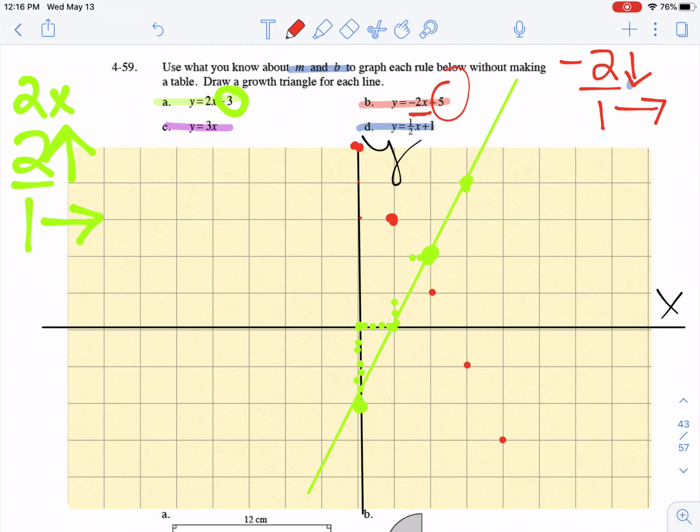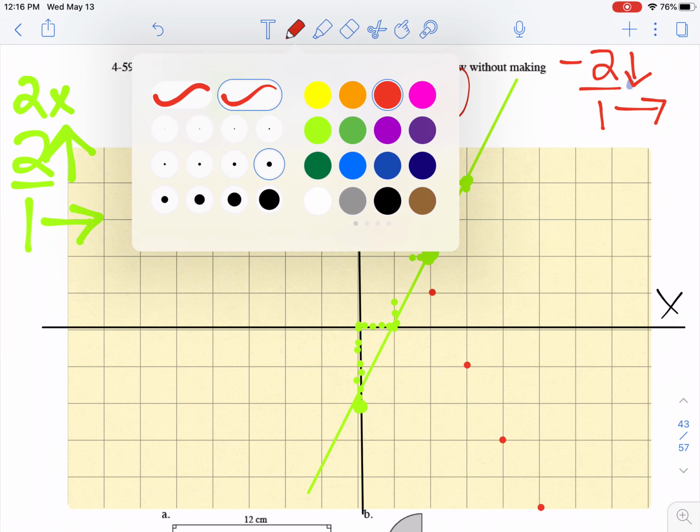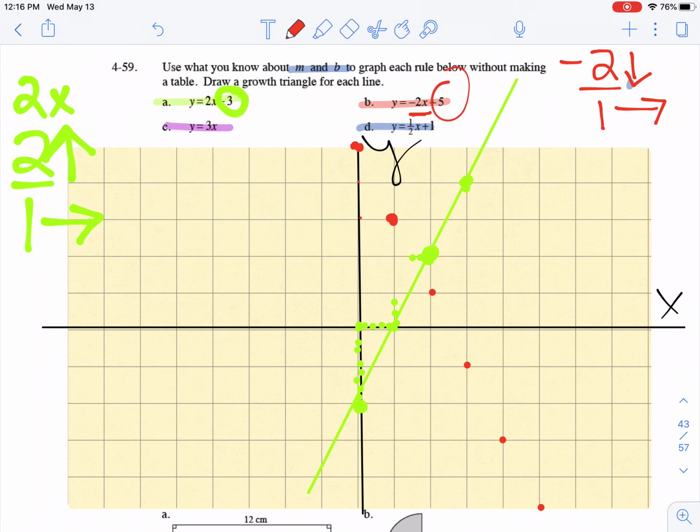And then I'm just going to keep doing that pattern until I get to the bottom. So then I connect those points to make a line. If you're doing it on the iPad, you're going to do the best job you can.